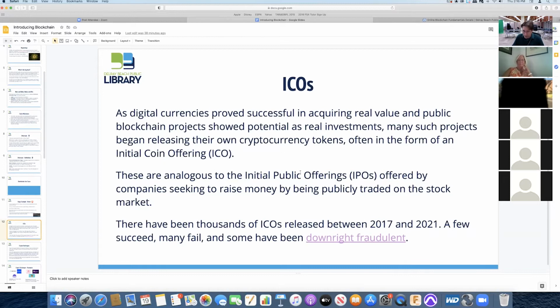There have been thousands of ICOs released between 2017 and 2021. A few succeed, a lot of them fail, and some of them have been downright fraudulent. The SEC has cracked down on a couple of cases where people were creating ICOs just to fill their own pocketbooks, basically. And some of them involve money laundering schemes and things like that. But you can read a bit more about that on the SEC's website. I've included a link in the presentation.